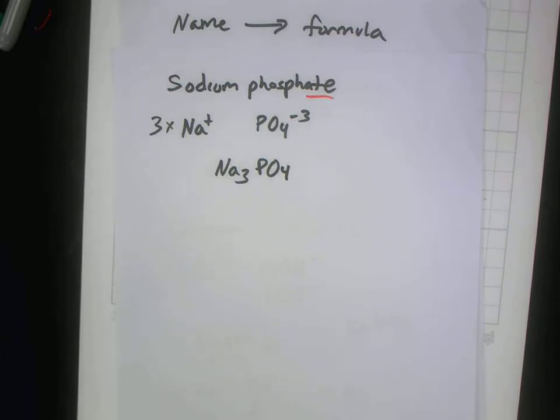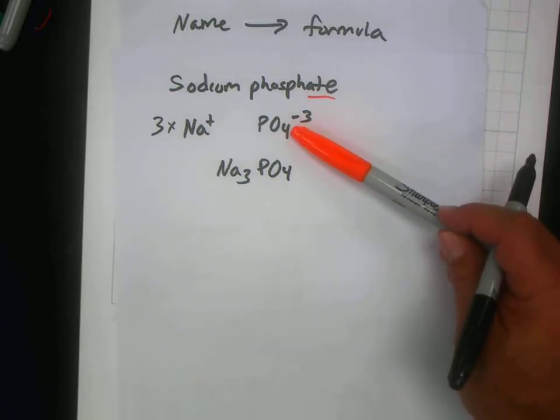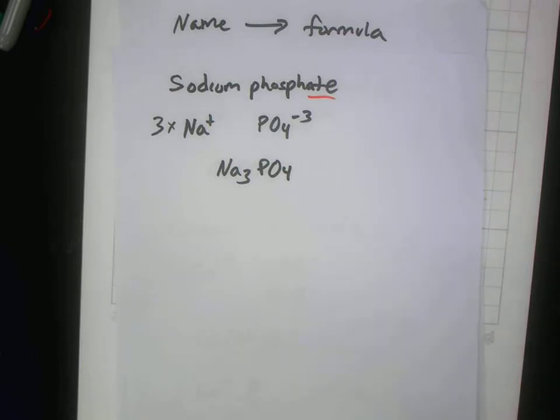Notice that in this case, I did not use parentheses. Why? Because I only needed 1 phosphate. My polyatomic ion is phosphate. I only needed 1 of those polyatomic ions, so I don't have to put parentheses. I only put parentheses when I need more than 1 of my polyatomic ion. I needed 3 sodiums, but the sodiums are not polyatomics.